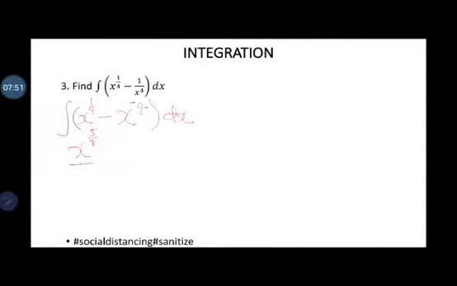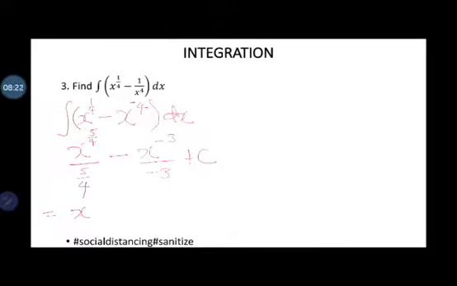Then we divide by the new power, so divided by 5 over 4 minus, we have x, the power, we add 1 to the power, you're going to have minus 3 over minus 3 plus c, which is equal to, so whenever we have double fractions like we have here, I always encourage my students to separate them like this.